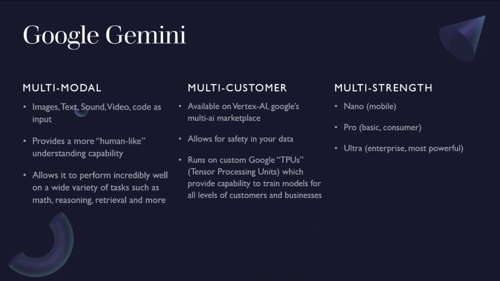There's Pro, which is more basic. It's the consumer model. It's usable across a very wide variety of tasks. And then you have Ultra, which is the big one, as I mentioned, 10 trillion different connections in it. It's very, very powerful and capable of doing some pretty frighteningly good stuff. But it's also extremely expensive.